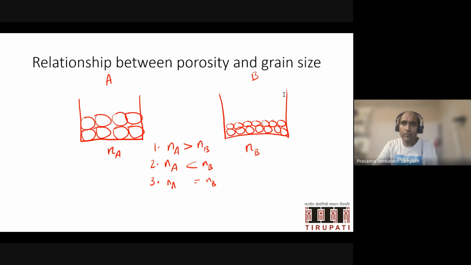Which of these options is correct? I'm assuming you're able to see the poll on your screens. Please go ahead and vote on your screen: Na greater than Nb, Na less than Nb, Na equal to Nb.